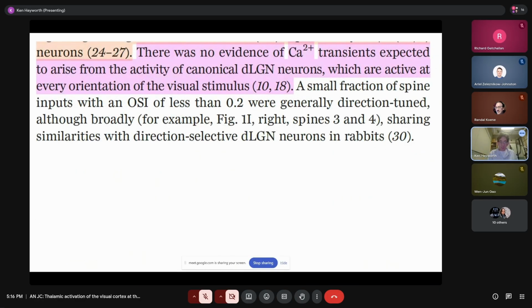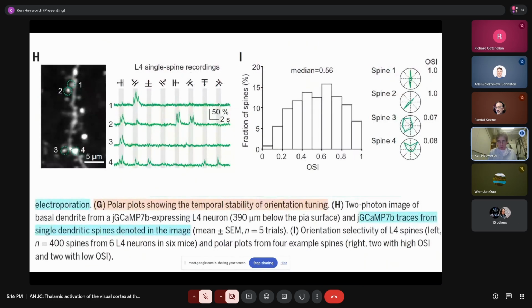Okay, and so it probably makes sense for me to just say what happened. I'm going to show this later, but I don't want to confuse people. The subset of spines that are getting their inputs from the lateral geniculate nucleus look like they do not have calcium responses.